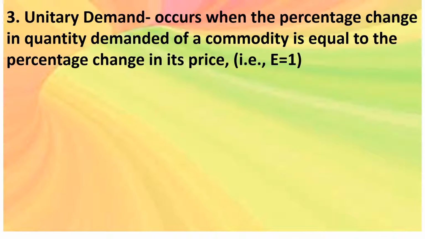That is, it occurs when the percentage change in the quantity demanded of a commodity is equal to the percentage change in its price. For example, a 5% change in price of a product results in a 5% change in demand. In such a case, both changes are equal.